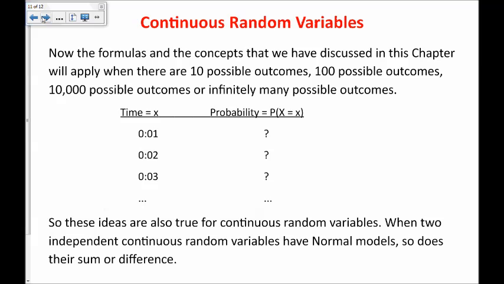Okay, which means that these concepts and these formulas also can be used for continuous random variables. Okay, when two independent continuous random variables have normal models, so does their sum or difference. A lot of these concepts that we've discussed in this video are still true for continuous random variables.